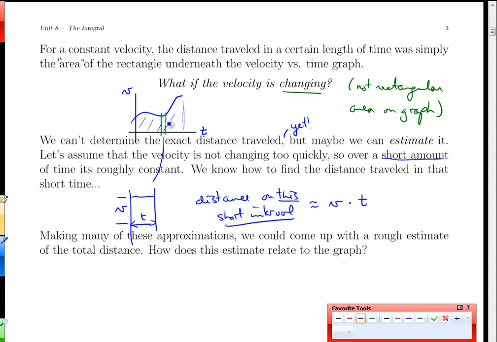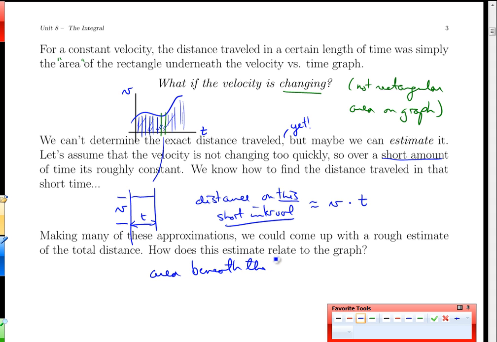So if we break it into intervals and look at small enough intervals, we get good approximations. And if we use lots of intervals to cover the time span we're interested in, we might get a good estimate of the entire distance traveled. If we did that a whole bunch of times, we would get a series of little areas that we want to calculate, and those areas would add up to the area beneath the graph.